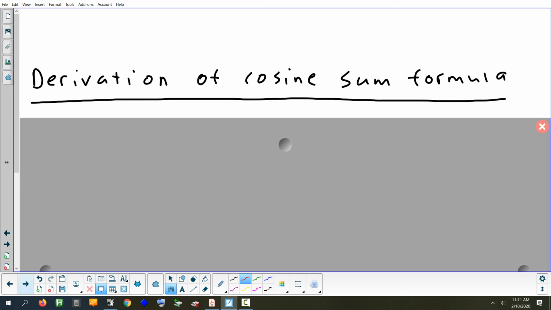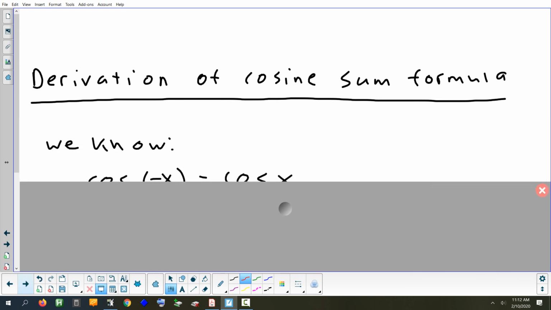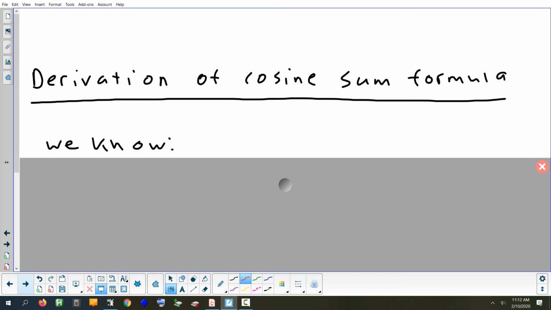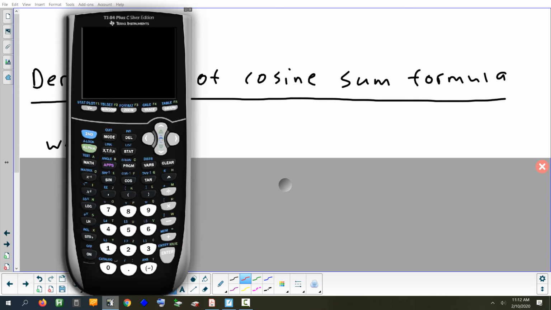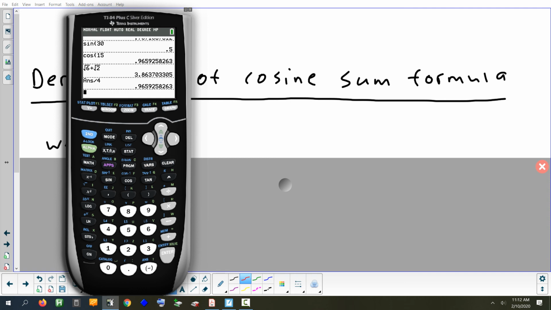Okay. So, let's see if we can figure out the cosine sum formula. As long as you know the cosine difference one, this one's very easy to figure out. A couple things that are going to come up here that we have to remember.